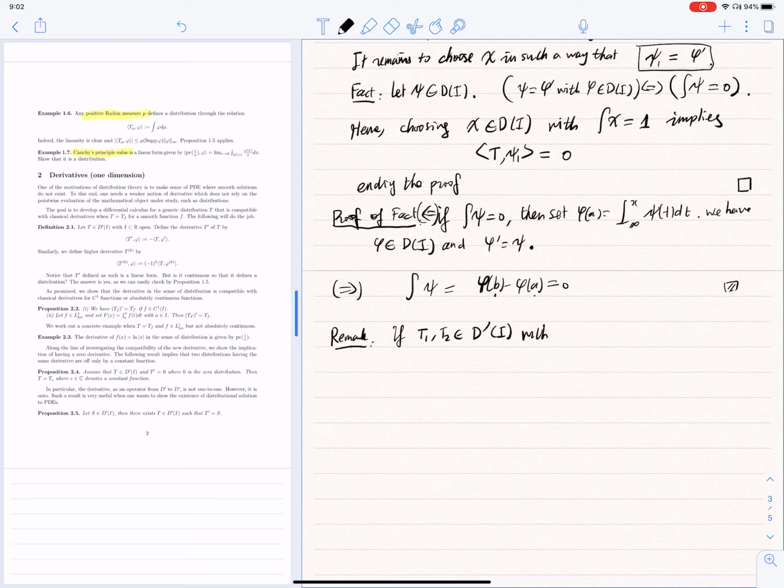With the same derivative, T1 prime is equal to T2 prime. Then T1 minus T2 must satisfy this property, its derivative is equal to 0, which implies that T1 is equal to T2 plus a constant, right? So plus a distribution associated with a constant function.